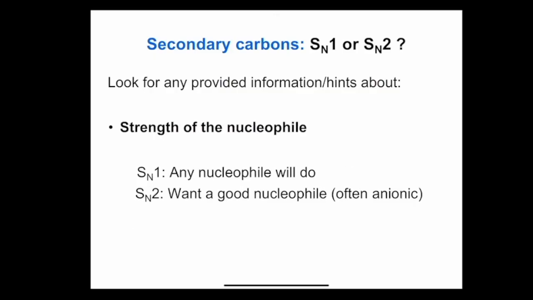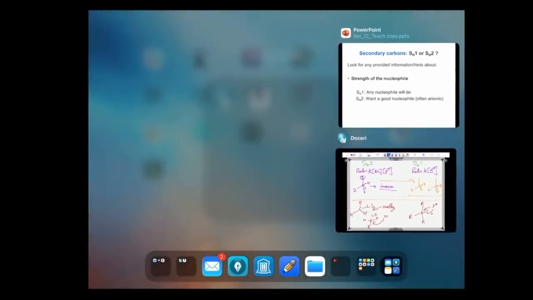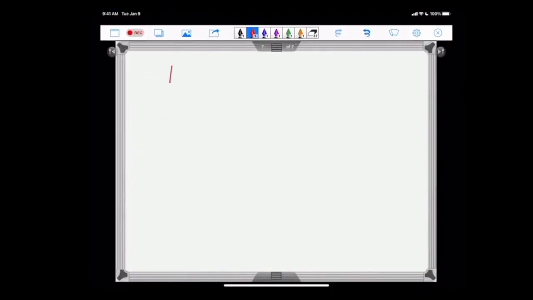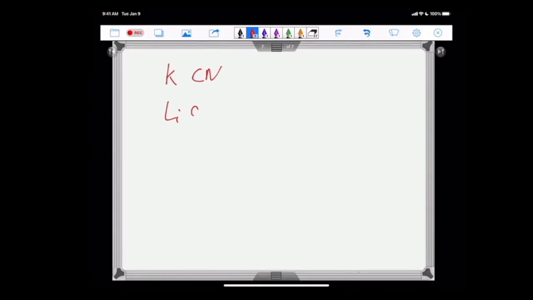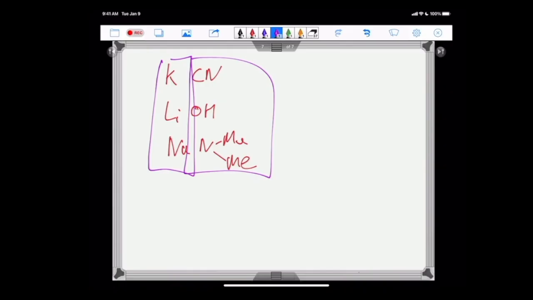The best cases we had here were things like potassium cyanide, or lithium hydroxide, or let's say sodium methoxide. Every SN2 nucleophile is going to look something like one of these salts.